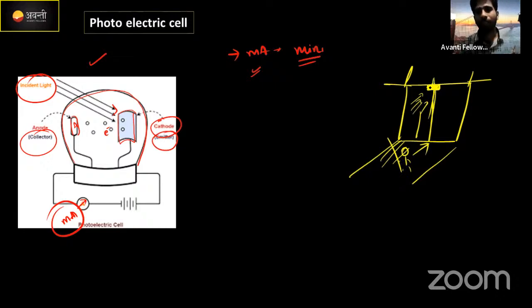Due to that, the doors start to open like this. Simple. Clear? First point: automated doors. ऑटोमेटेड डोर्स में यूज करते हैं.